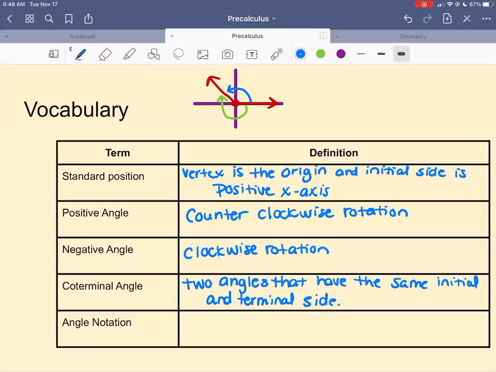So actually, the angle that we have drawn up there, represented by both the blue arrow and the green arrow, are coterminal angles because they're both starting at the same point, which is where our red arrow is on the x-axis. And they both go to our terminal side, which is where the other red arm is, okay?